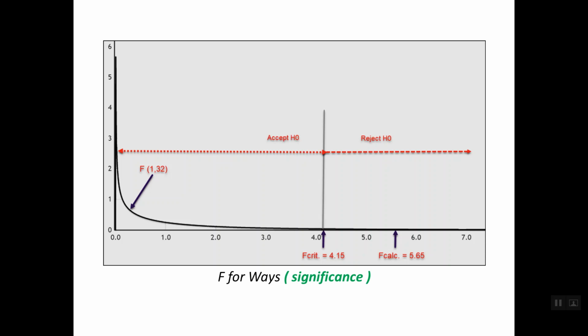This is the F distribution curve for the first factor, which is the ways of teaching. This curve is the F distribution curve for degrees of freedom 1 and 32.